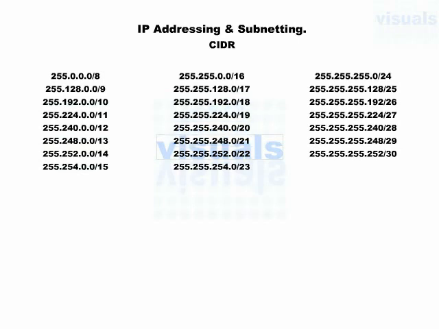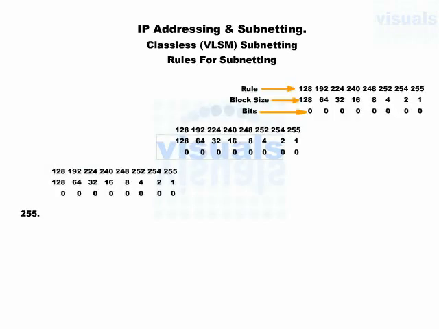Just remember one rule: we get 128 by enabling the first bit, 192 by enabling 2 bits, 224 by enabling 3 bits, and so on. Just remember this rule. Give it a tight glance 2 or 3 times and you are going to remember this rule forever.